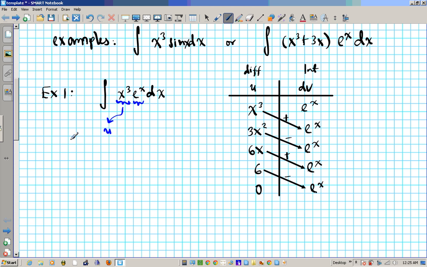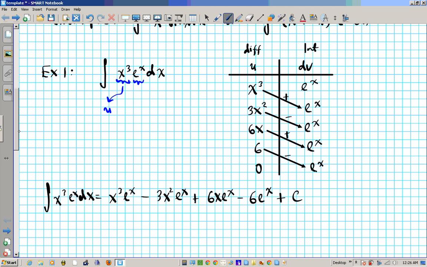In this case, the antiderivative of x to the third e to the x dx is going to be x to the third e to the x, minus 3x squared e to the x, plus 6x e to the x, minus 6e to the x, and then don't forget your plus c.